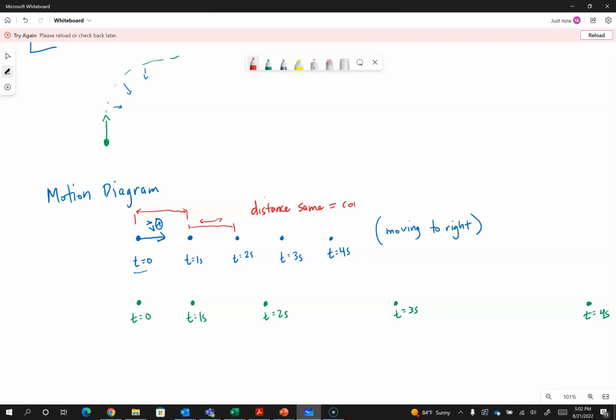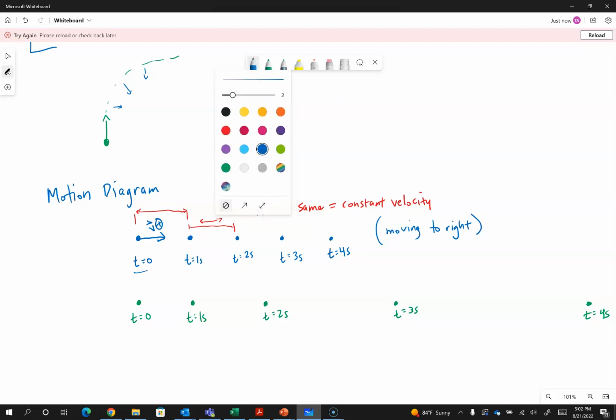That means a constant velocity: the same speed, the same direction, every single second. So I could come back and draw the velocity the same length every single second.